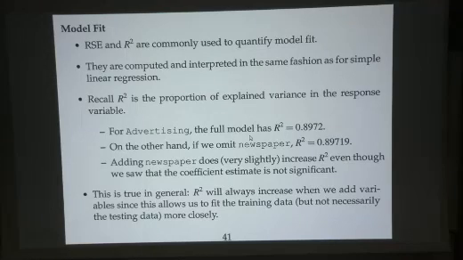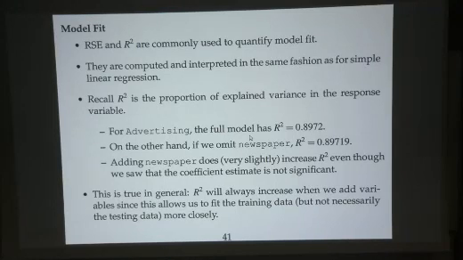In the multiple linear regression setup as well, these two quantities are used to quantify the model fit. R square is the proportion of explained variability in the response variable. So R square is like the TSS minus RSS by TSS.